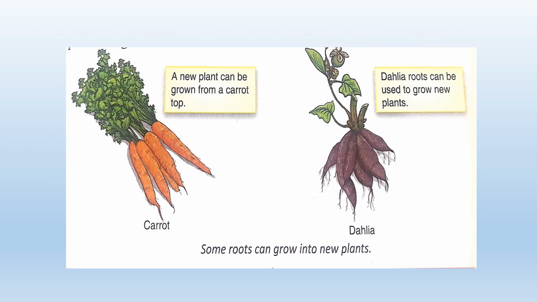Looking at this diagram, you can make out that a carrot can grow from the carrot top. If you cut the crown of the carrot and sow it into the soil, it will start growing into a new plant. While with dahlia, the roots themselves, when you plant them, start growing into a new dahlia plant.